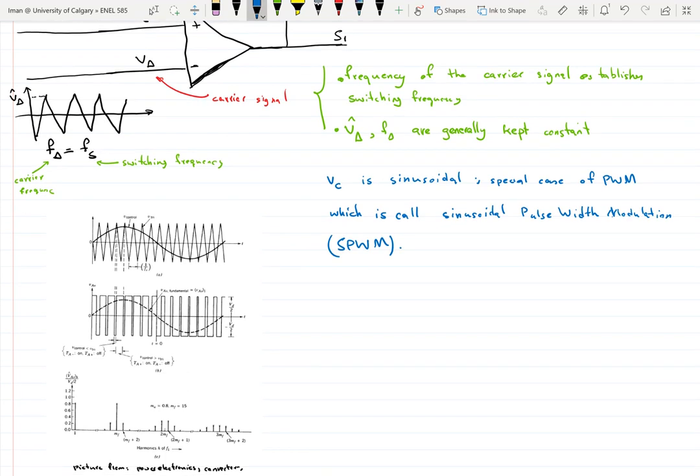Okay, so now let's introduce some concepts. The first one is the modulation index.